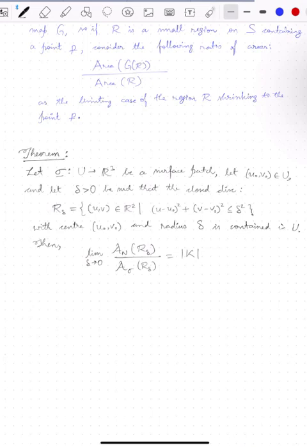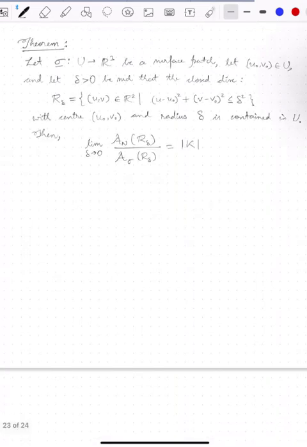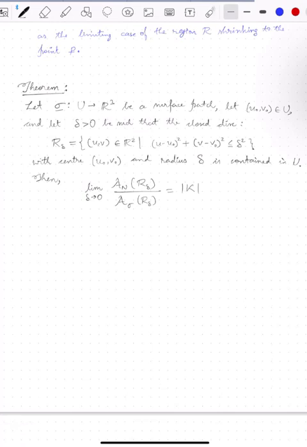So the idea is that this is K, where K is the Gaussian curvature.